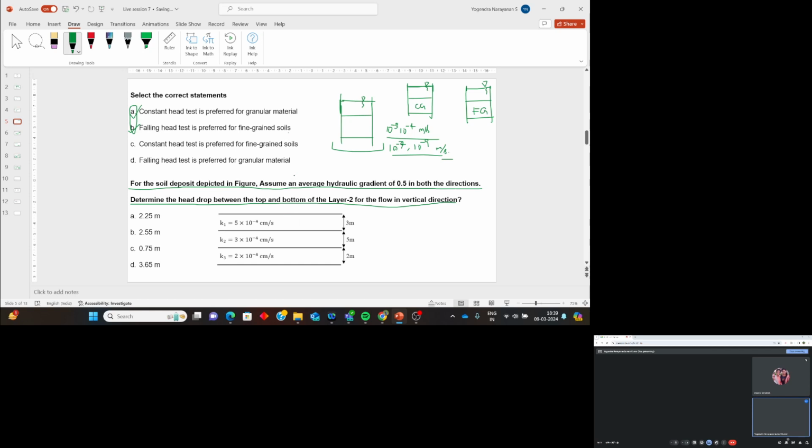What are you understanding from this question? Find out H2 in layer 2. Yes, right. And do you know how to do it? I will try. Yes.